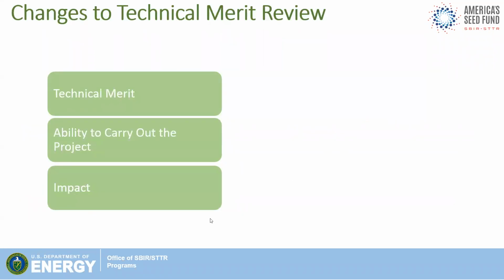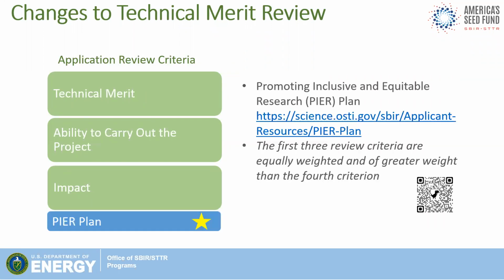Since you all are awardees, you're familiar with the technical merit review criteria in the past, which were these 3 criteria that were equally weighted. But now we have the peer plan as an additional application review criterion. The first 3 are equally weighted and are of greater weight than the 4th criterion.